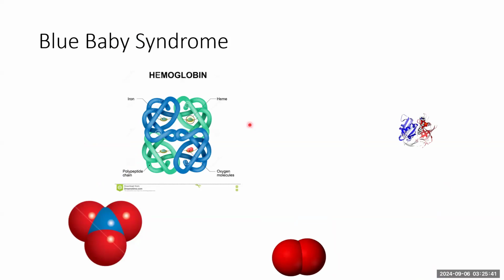So here we have some hemoglobin. And if you recall, we've got some iron in the center of our 4 hemes that is going to bind to oxygen, oxidize it from its +2 state to its +3 state.